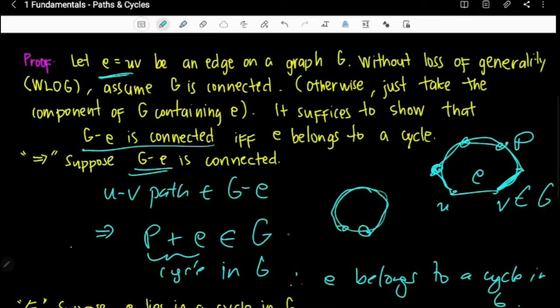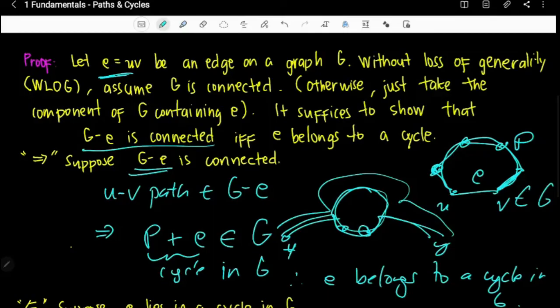Ibig sabihin, basta ang isang path mo nagko-contain ng cycle, there are two possible way to go from point X to point Y. Pwedeng doon ka sa isang side ng cycle or doon ka sa kabilang side ng cycle. So that means a cycle will require at least two edge for it to be disconnected. Basta may cycle involved. Yan.